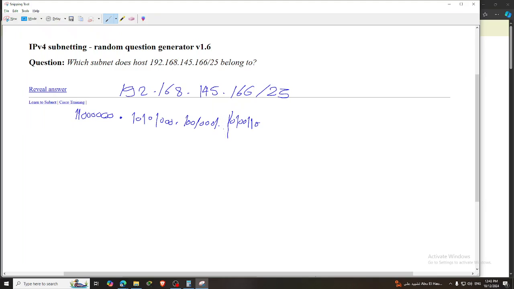So if we cut the address like that, we will be left with this. Here we have 2 plus 4 is 6, and 32 is 38. So basically we are going to subtract 36 from 166.